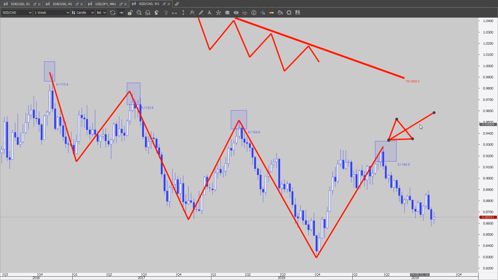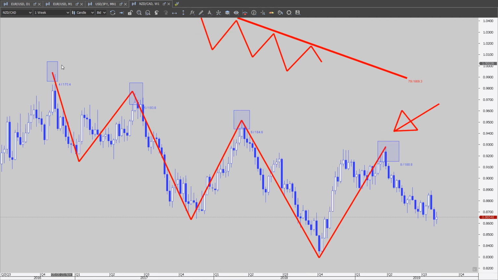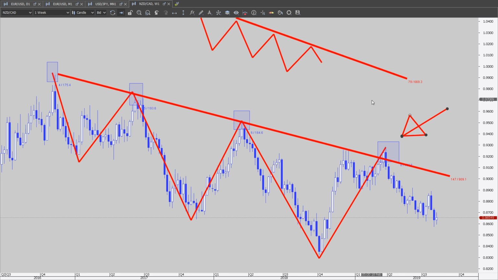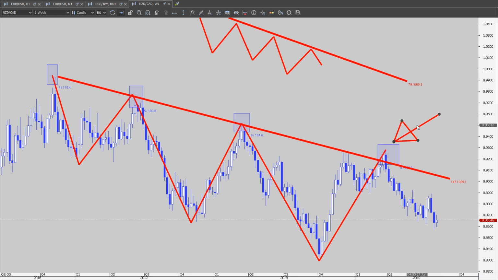Because if you're going to draw it like this, it is wrong. You are breaking the rules. You are breaking candlesticks, MJ. If you're going to do like this, this would be wrong.